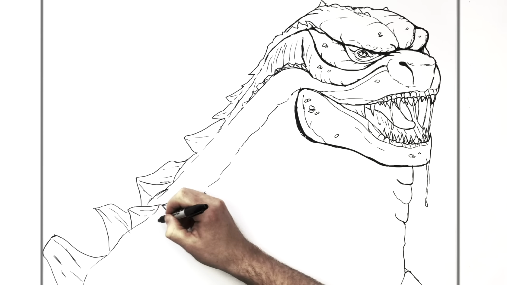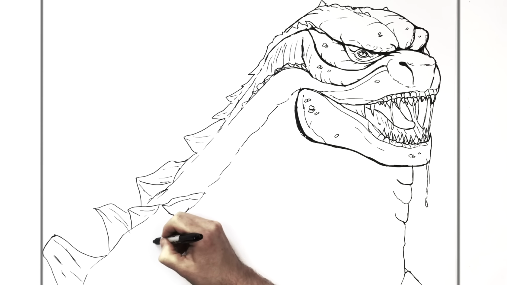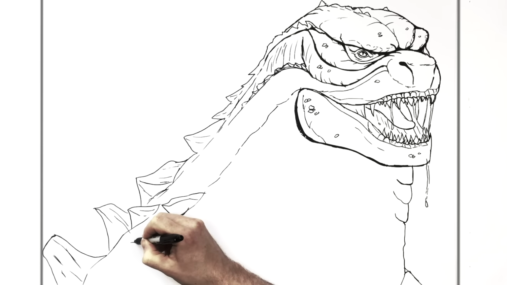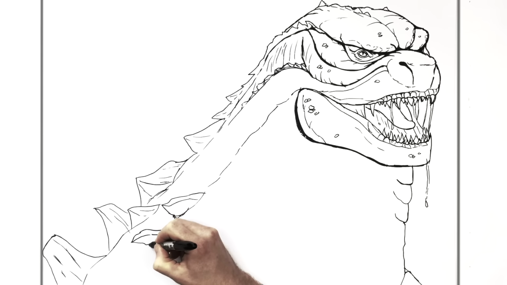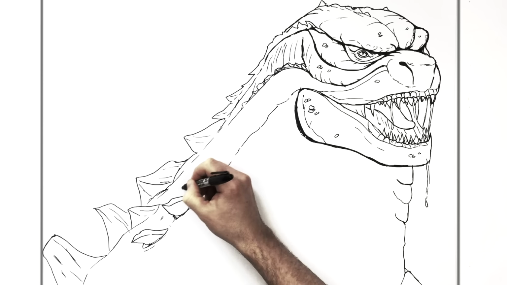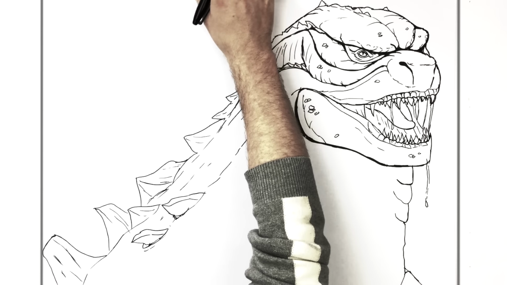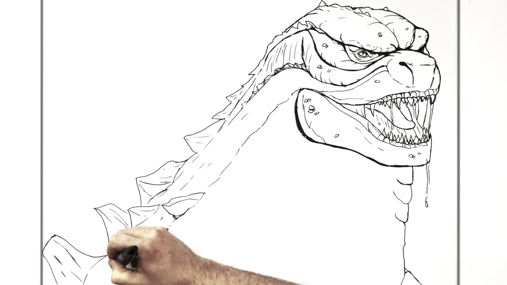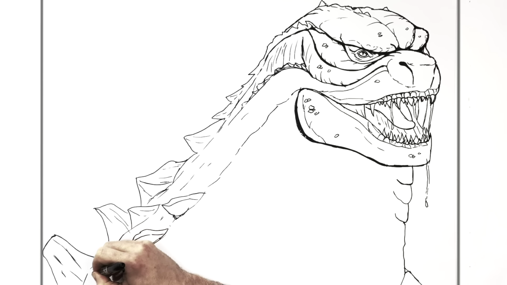So we lose the line when we get down to here, and you're just going to add things like this that might have a bit of an edge to them coming out of his skin and stuff, right? And you don't have to do much of this, but you can do as much as you want, really.